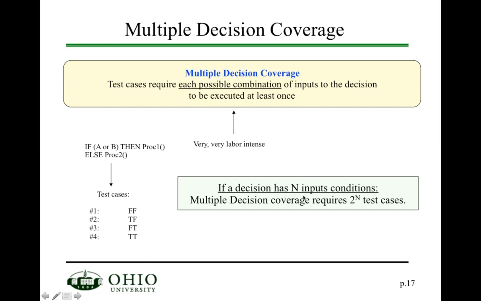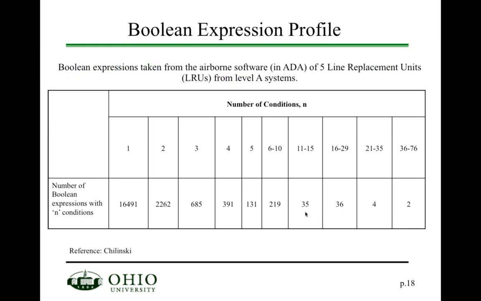But what you have to realize is that for n inputs, multiple condition coverage requires 2 to the power n test cases. So if you look at, I think the Zielinski reference is available on Blackboard. You can take a peek at it if you want. In this particular table, you see the Boolean expressions taken from the airborne software in Ada of 5 LRUs from level A systems.